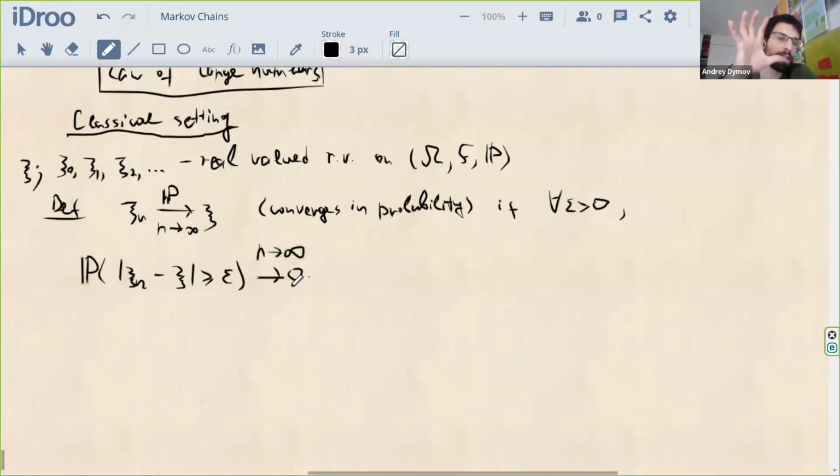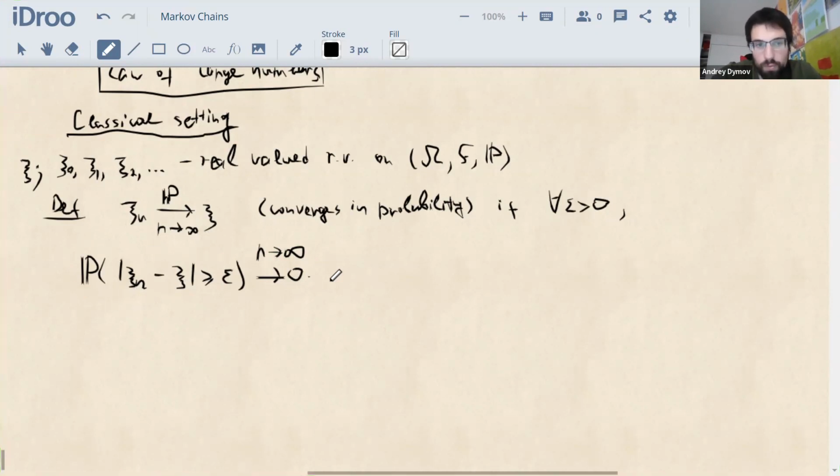So you see, I look at the event where psi n is not very close to psi, and for any epsilon, the probability of this event should go to 0.